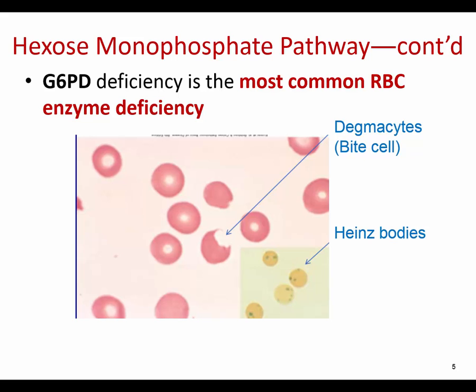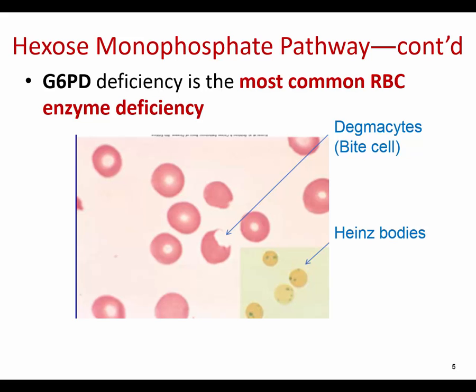Heinz bodies are nothing but denatured protein. In this case, this denatured protein is going to be hemoglobin that was oxidized. Macrophages in the spleen are going to be able to remove these Heinz bodies from the red blood cells.